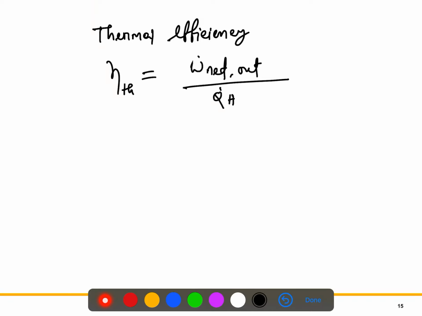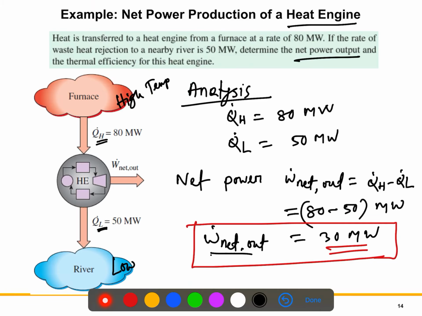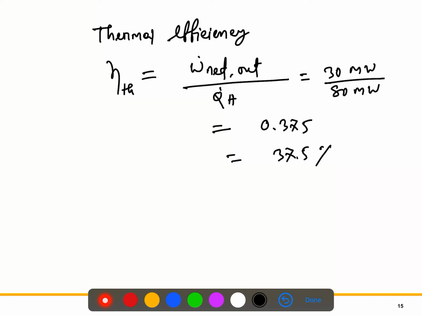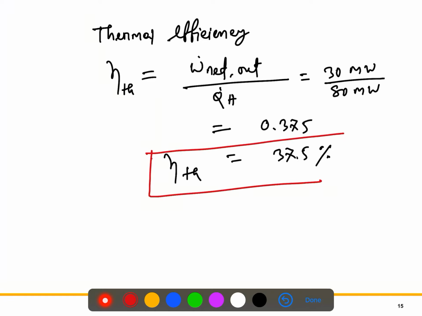In this case, the work output is 30 megawatt and Q_H is 80 megawatt. So it will be 0.375, or 37.5% if you convert it into percentage. This is the thermal efficiency of this heat engine.